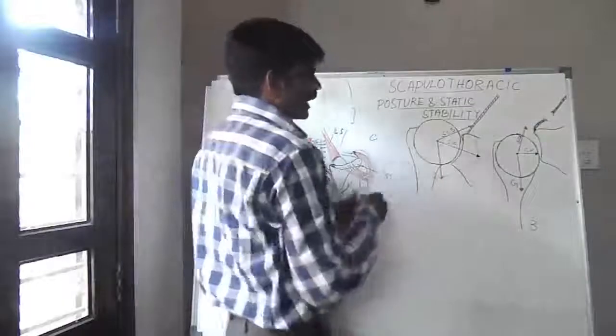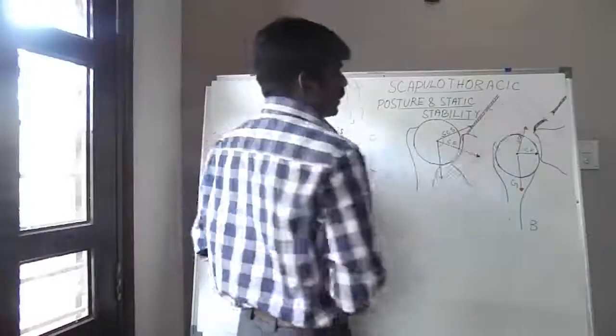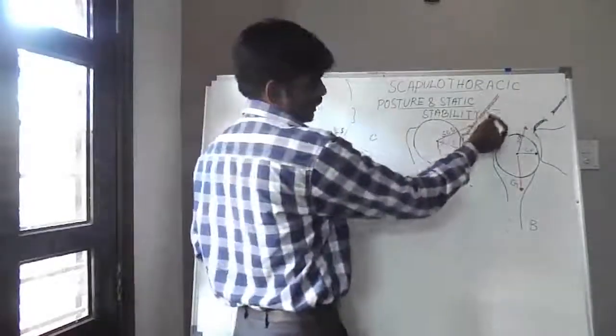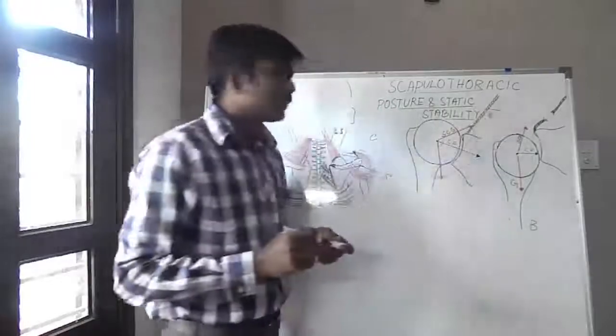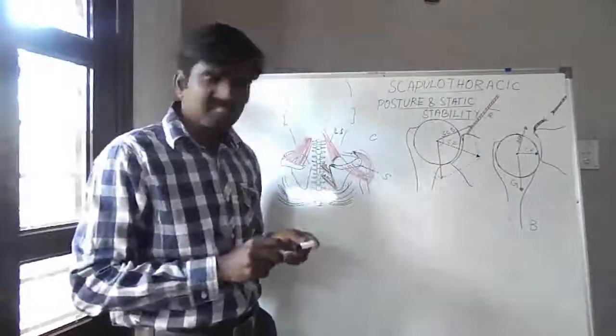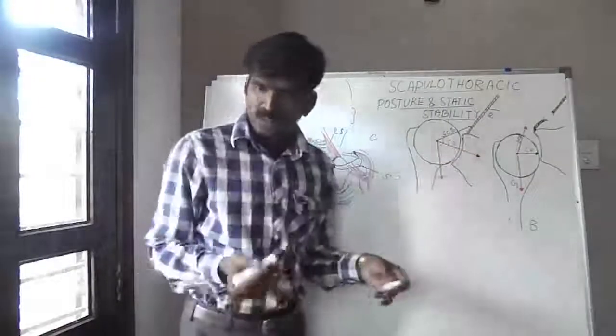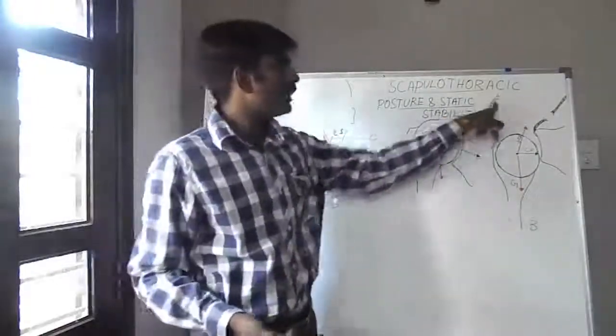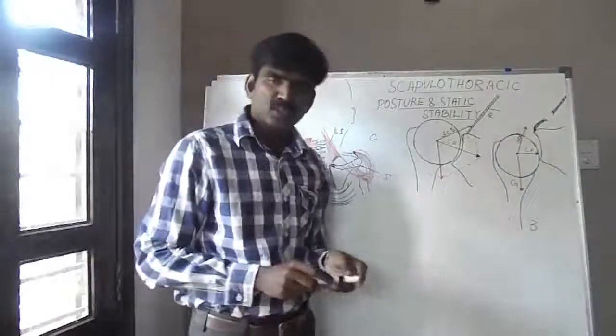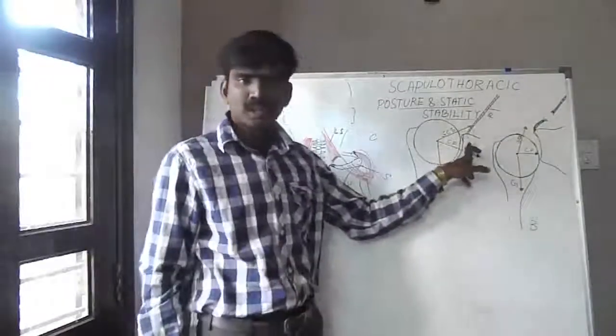So in this diagram, this is the rope, which represents the muscles which are attached to the shoulder girdle.